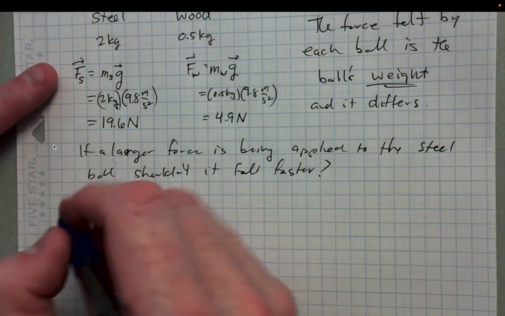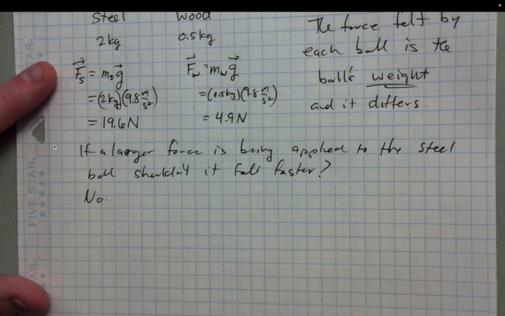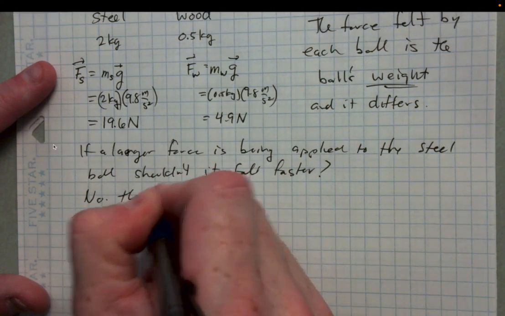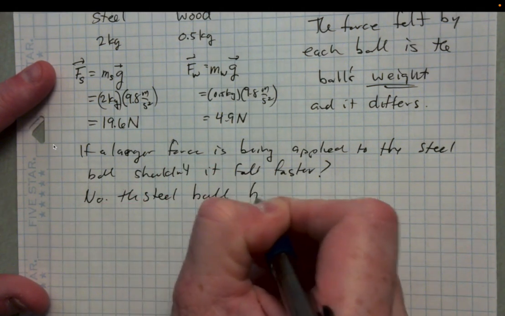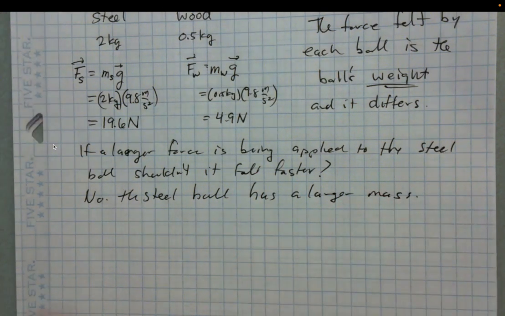The reason it doesn't fall faster is that the steel ball has a larger mass. Again, remember what we talked about earlier: mass can in some respects be thought of as a body's resistance to acceleration.